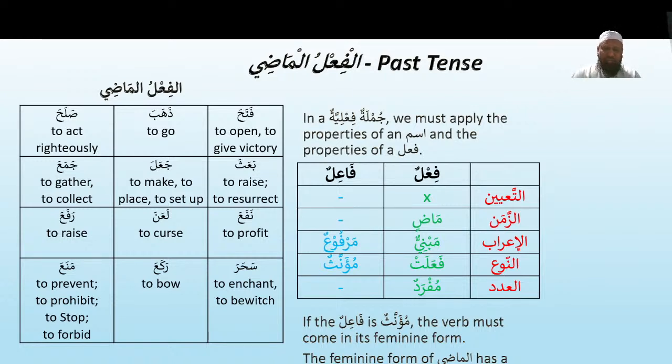If the fa'il is muannas, the verb must come in its feminine form, fa'alat. So the verb must agree in gender.